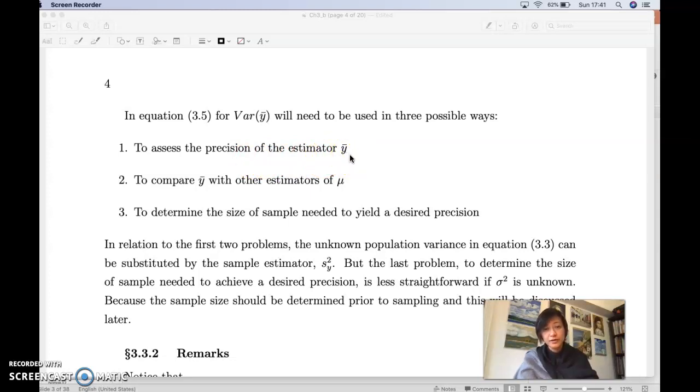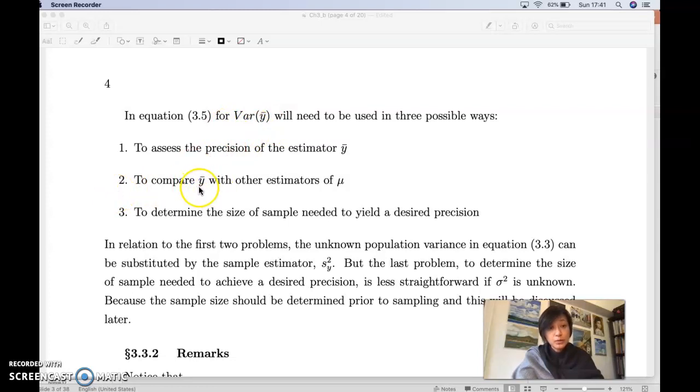So how confident are we to say, for example with 95% confidence, that the true population mean, mu, is within this range? The range would be y bar plus or minus the confidence interval. So we can use the square root of the variance to do the calculation.